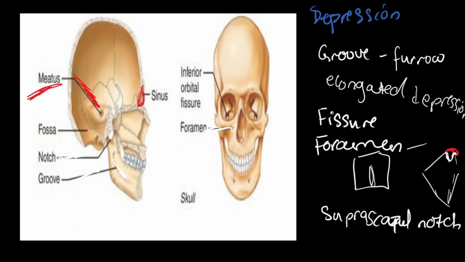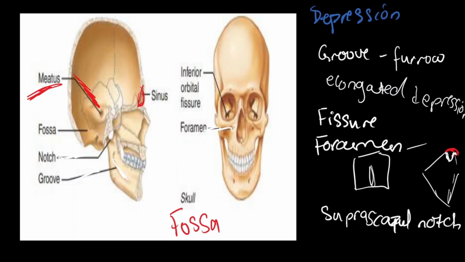And of course, we have the fossa. The fossa is another depression. Now, when we were considering articular surfaces, we saw the condyle, and we said that the condyle usually articulates with the fossa. The fossa is simply a shallow basin-like structure. It's usually very smooth.